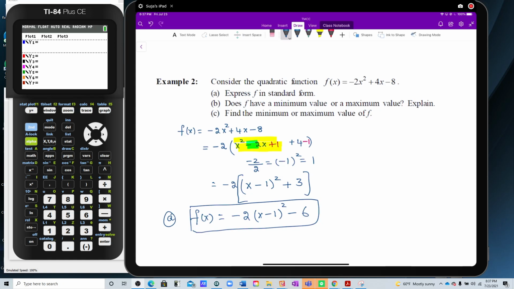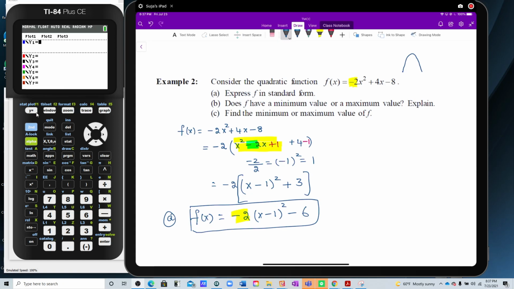Now the next part is asking, does f have a minimum value or a maximum value? We'll go ahead and plug this into our calculator just to check. Keep in mind, if the coefficient of your leading term, the x squared, is a negative number, it is always going to be a maximum value, which means I'm expecting the graph to be an upside down parabola.